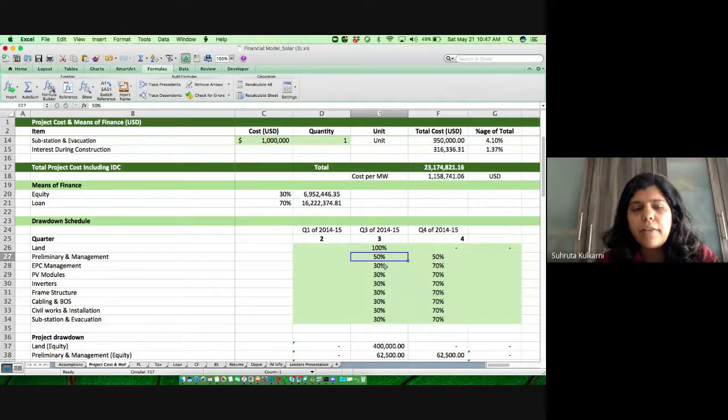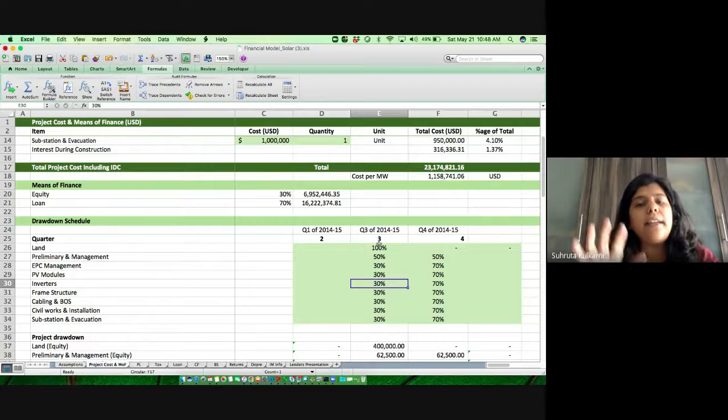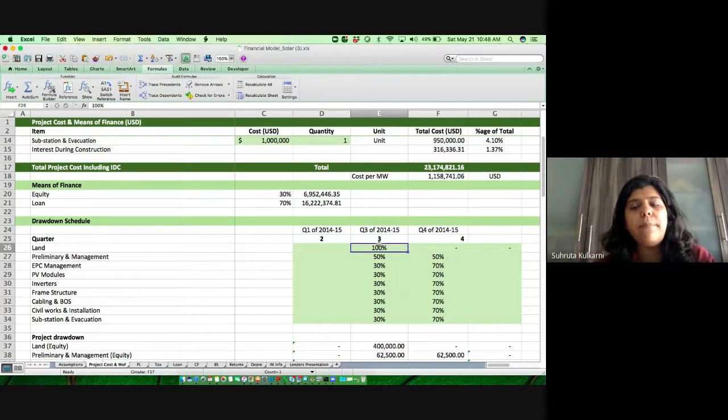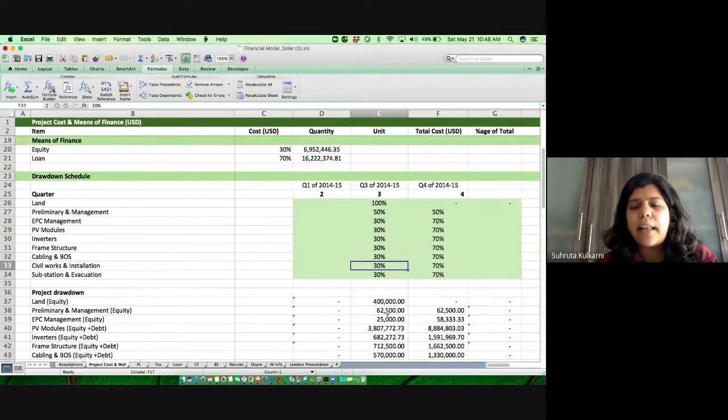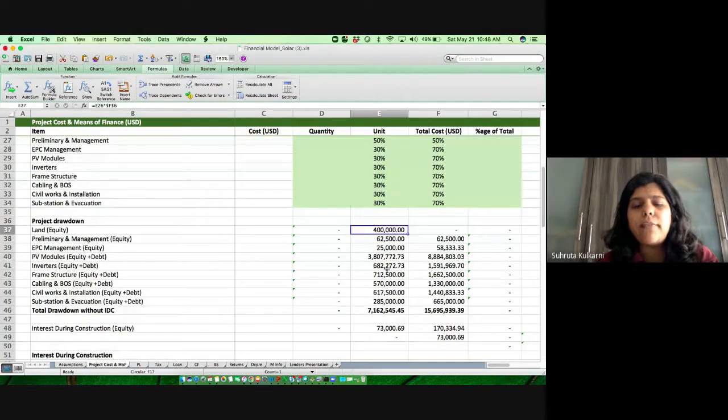So hence, for all the other elements, on day one, I said I need only 30% of the total value. Land, I need 100% on day one, and then for the rest, I just need 30%. And hence, I've calculated how much I need on day one, and then over the next quarter, how much do I need? So I've broken down this project cost quarter wise over here.